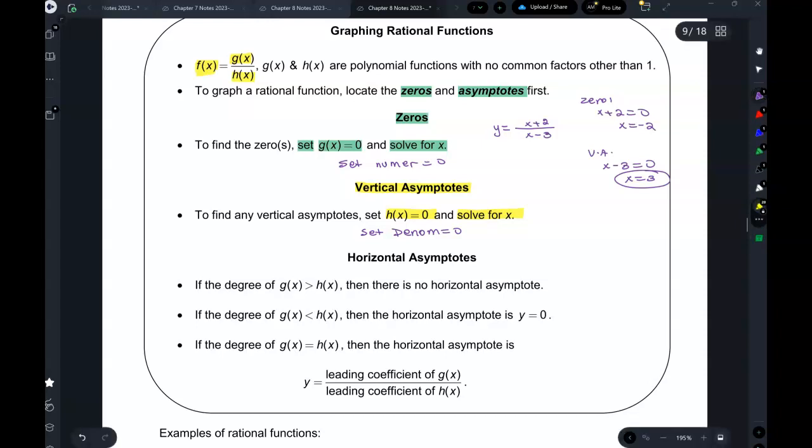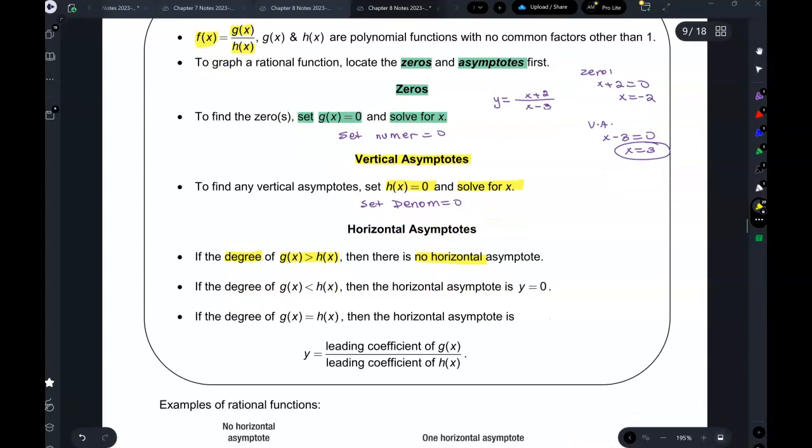So you look at the degree of g of x. That's the numerator. If the degree of g of x is greater than the degree of h of x, then there is no horizontal asymptote. Okay. If the degree of the numerator is less than that of the denominator, then the horizontal asymptote is y equals 0. So let's look at some examples.